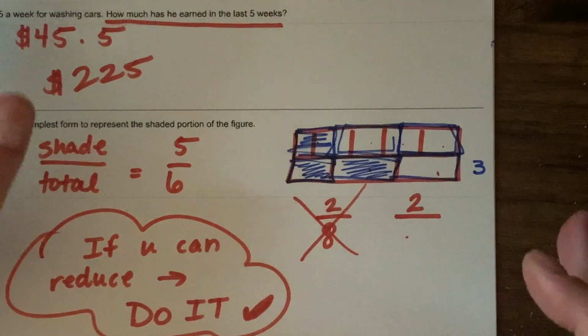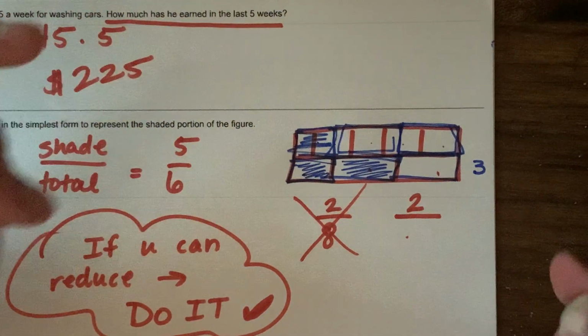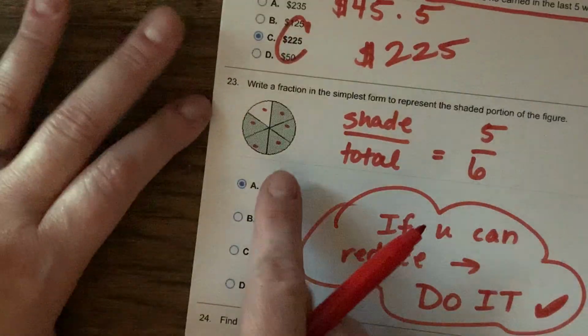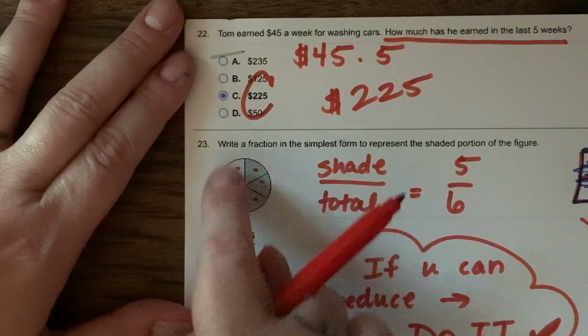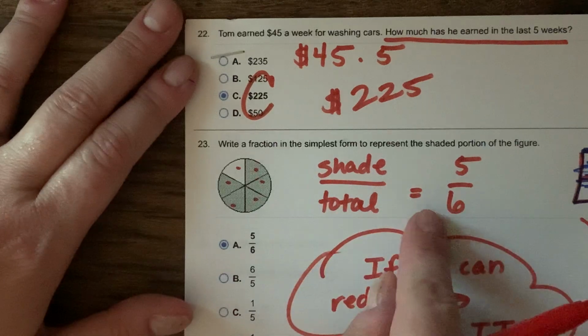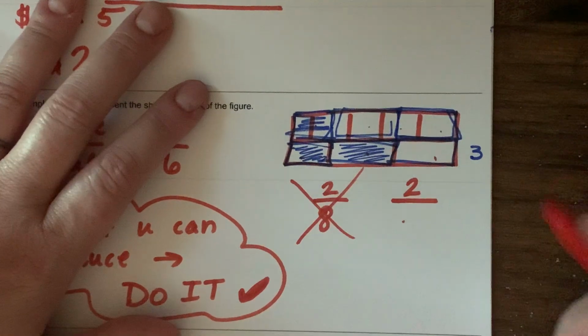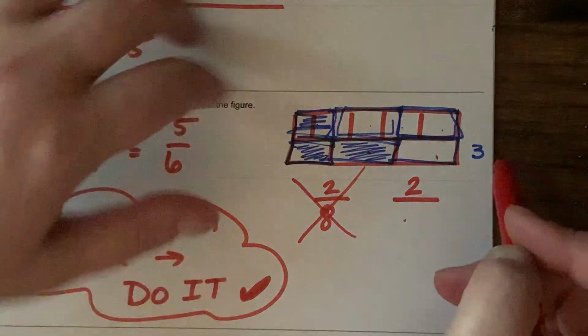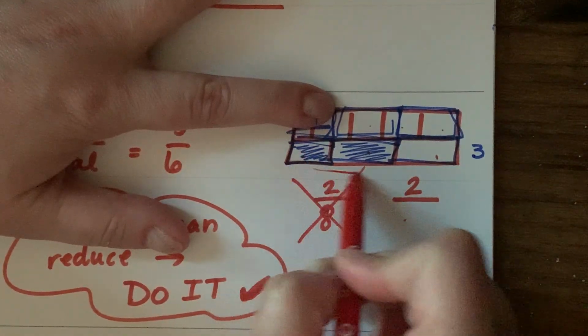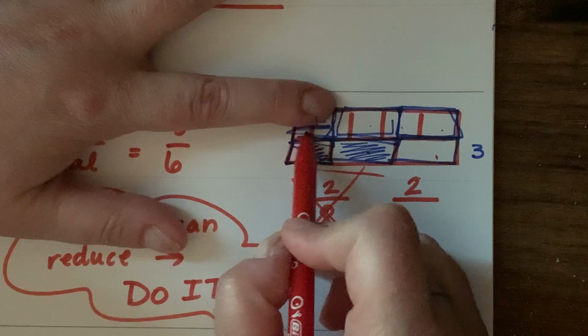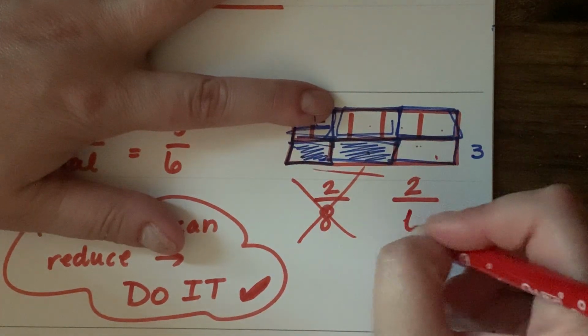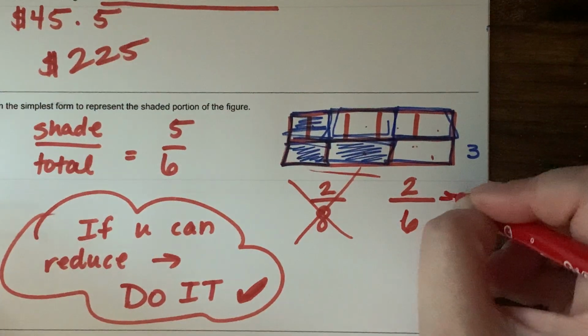It's the total amount of pieces that are the same size. So on this pizza slice, all the slices were the same size, so we could just put 6 underneath. But on this sucker, all the squares were not the same size, so we had to redo the total. And we said if there's 3 of these big boys on bottom, that must mean 3 of these big boys on top, so 6. Oh, and then reduce 1 over 3.